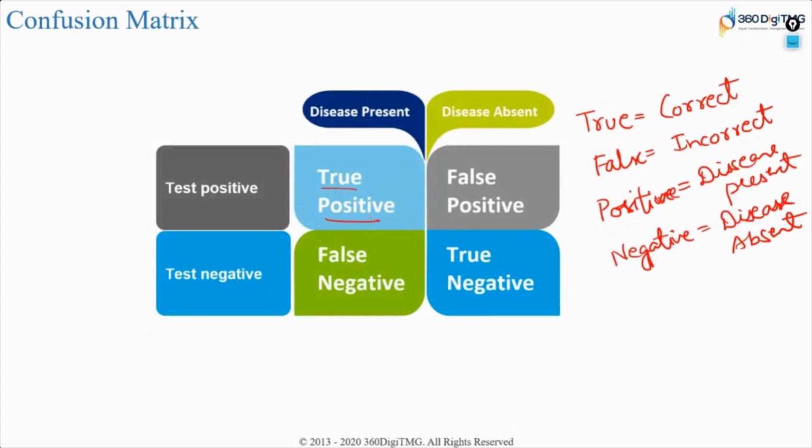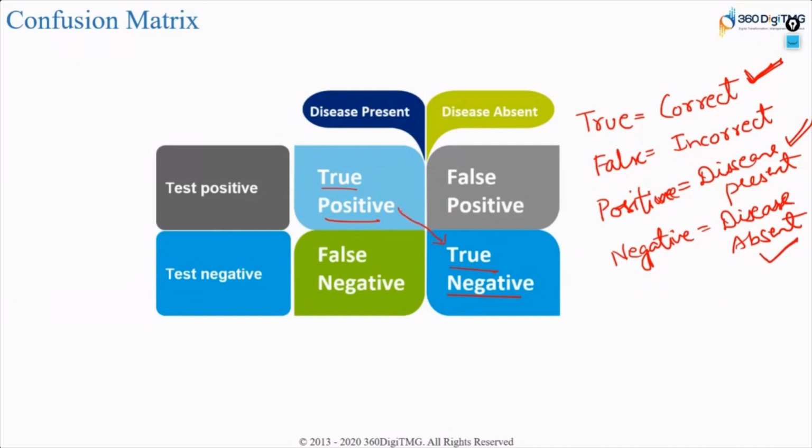What do you mean by true positive? True positive means you have correctly identified the disease. What do you mean by true negative? True negative means you have correctly identified the negative case.